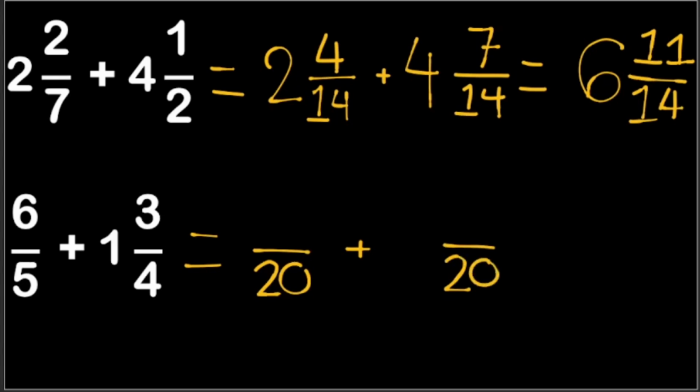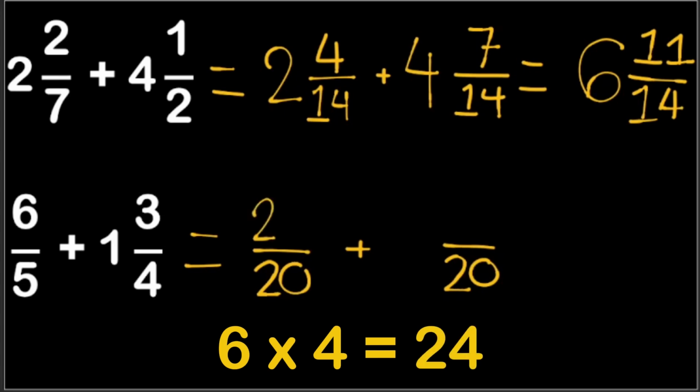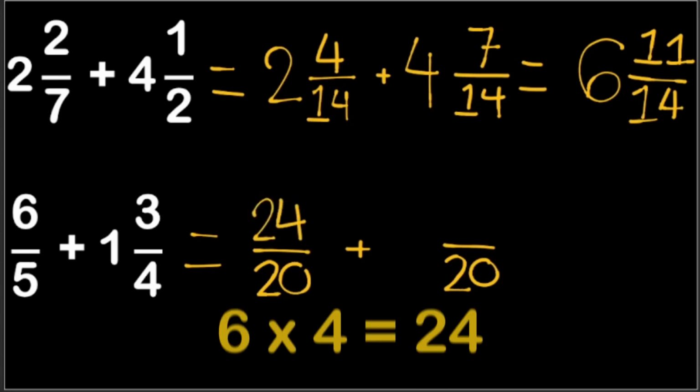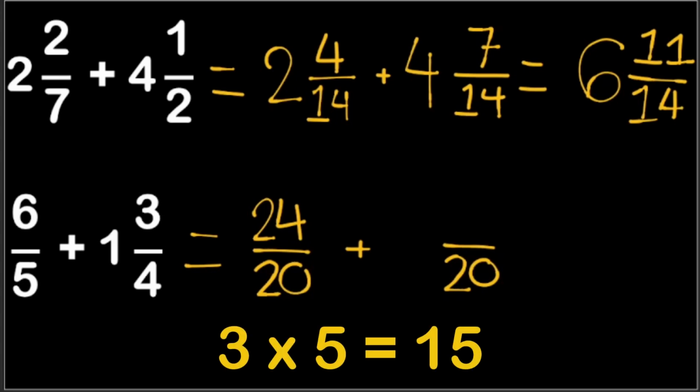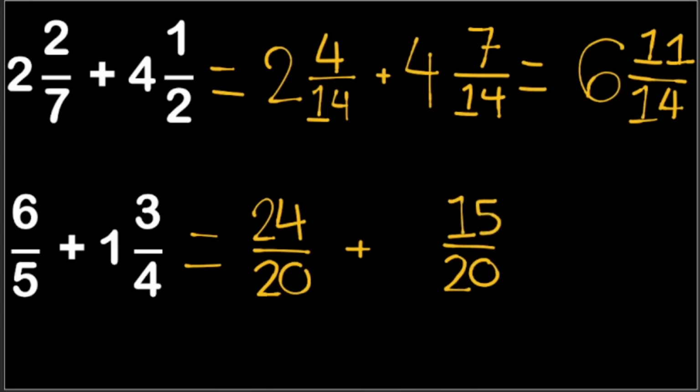Okay, to get 20, we multiply 5 by 4. So we need to multiply the numerator 6 by 4 to get 24. As for this one, to get 20, multiply 4 by 5. So we need to multiply the numerator 3 by 5 to get 15. Whole number stays as it is.